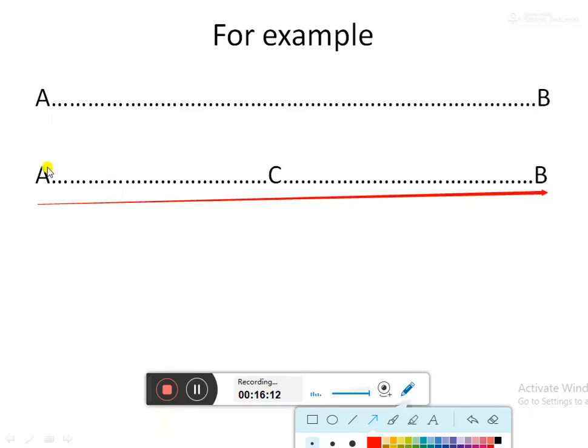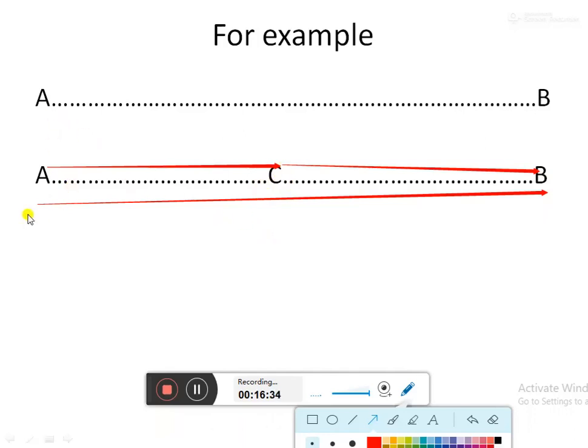First, we need to draw a straight line, or the smallest line, between point A and point C, and after that we need to draw a line from point C to point B. The condition is that we cannot avoid point C. We have to include point C while drawing the line between point A and point B.